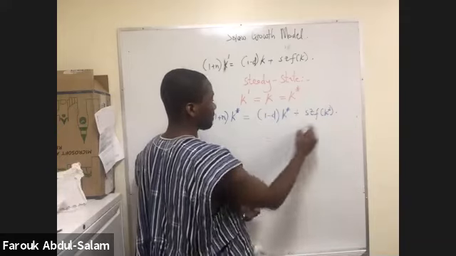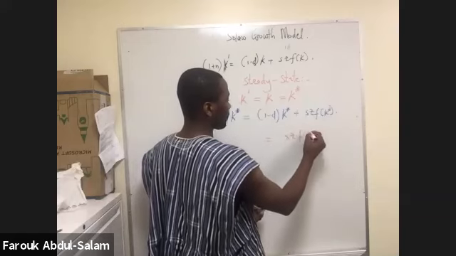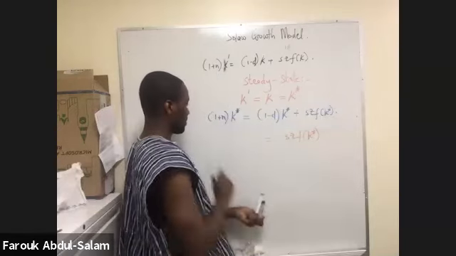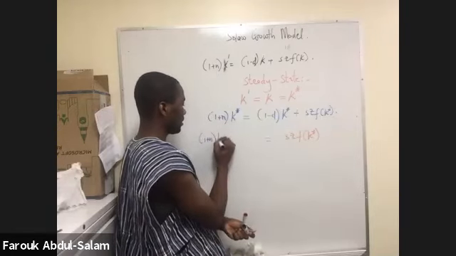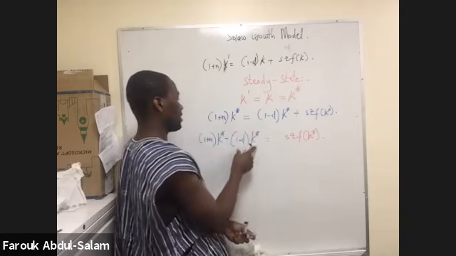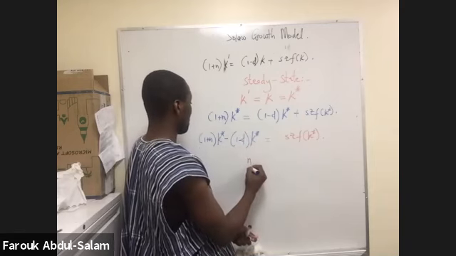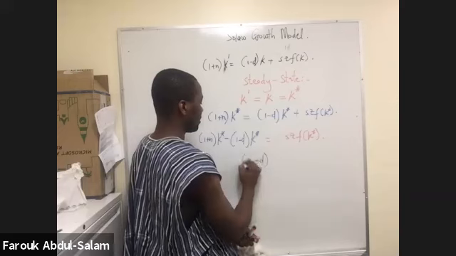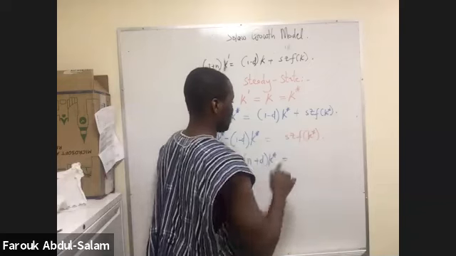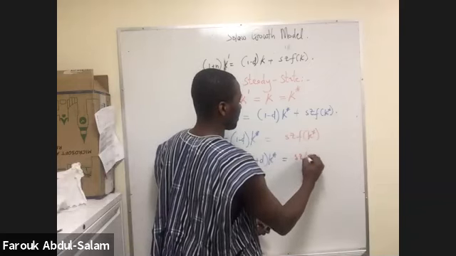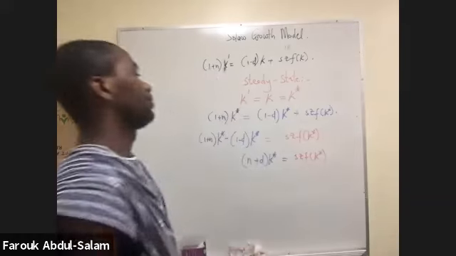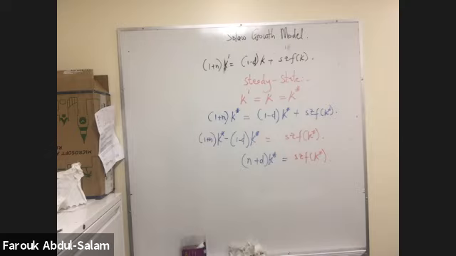Moving everything here, I have 1 plus n k star minus 1 minus d k star. They have the same k, so I have n plus d k star equals s z f of k star. So that's the steady state equation that we have to keep an eye on.